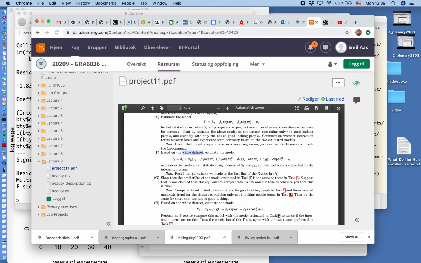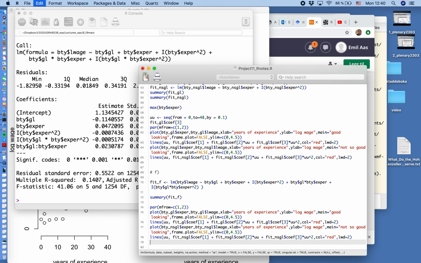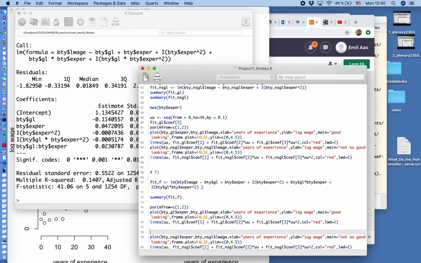So now we are to show that the predictions of the model we just fitted are the same as those in task E. One way to show that the predictions are the same is to add new lines to these plots, the fitted lines based on this model.